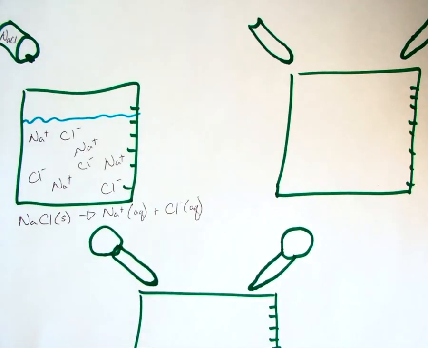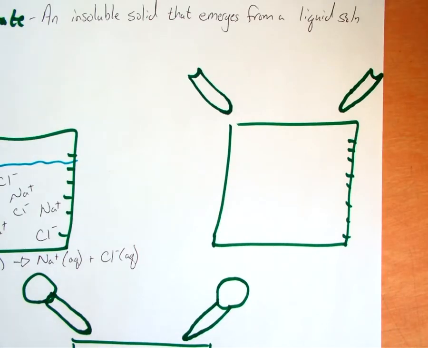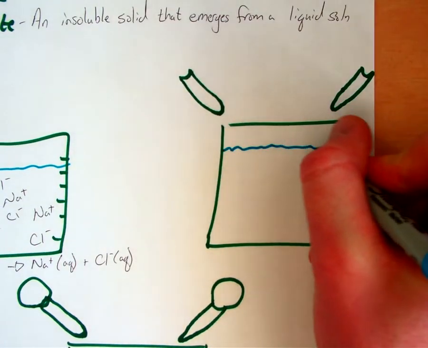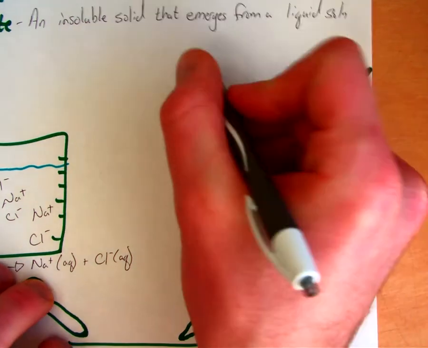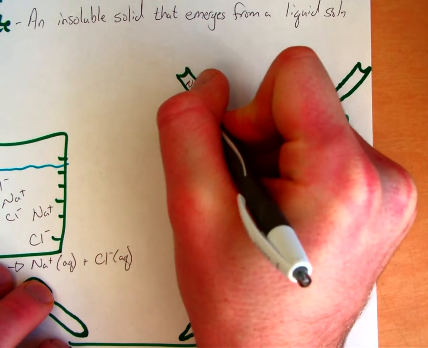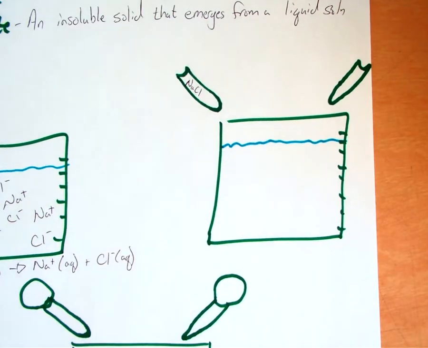Okay, now what happens if we mix two separate salts that are soluble? In this case, I have two spatulas sitting here. And in one spatula, we're going to add salt again. And in the second one, we're going to add calcium nitrate.